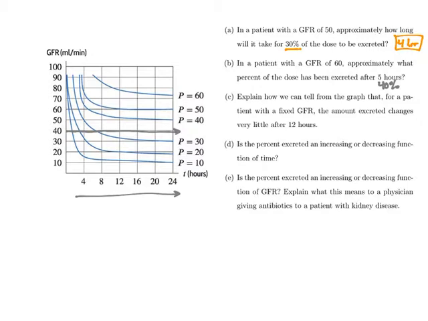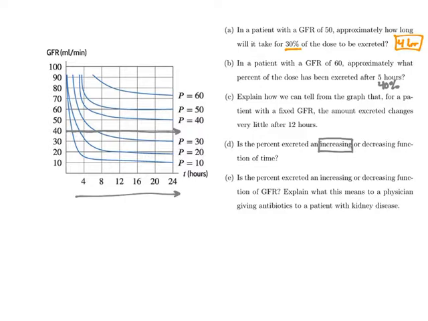We can see that the percent excreted is increasing as we go on. We're looking at the percent of the drug that's being excreted. We start at 0% excretion, and as we go forward, it's going to excrete more and more of that drug.